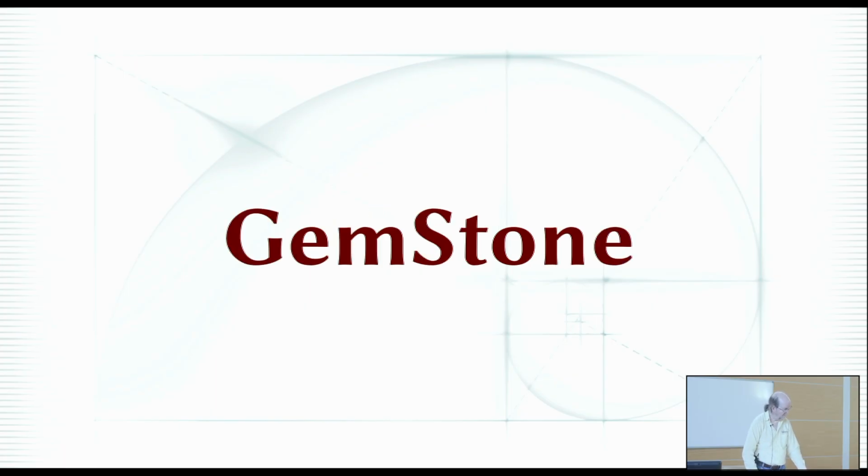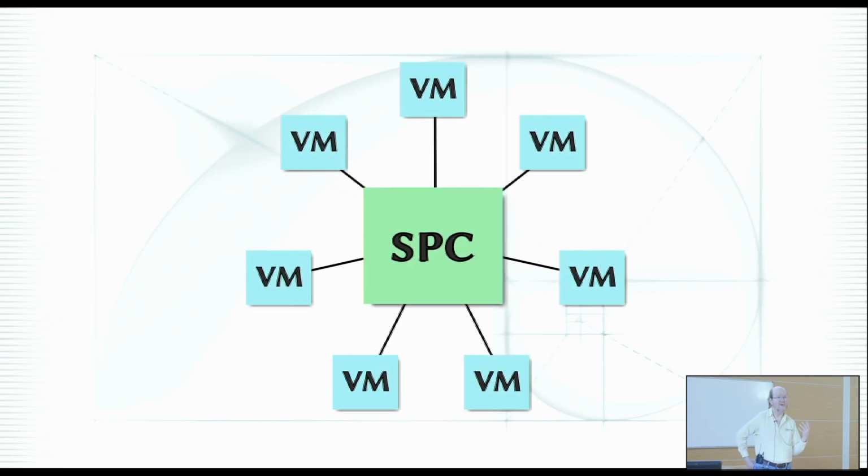So in GemStone, GemStone's a little different in that the architecture of GemStone uses shared memory. So on each machine on which it's running, there's this shared page cache, which is a subset, hopefully your entire working set, of your persistent objects that live on disk.